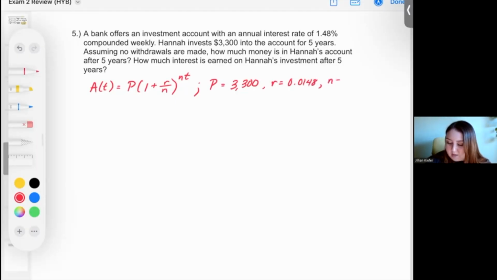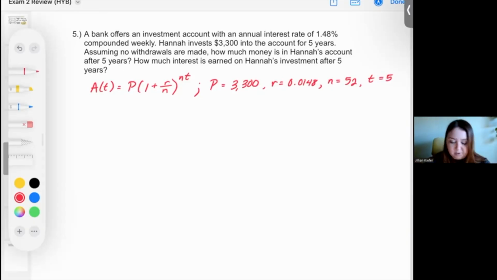Then we have n, the number of times compounded per year. For us, we said it was weekly. We want to remember there's 52 weeks in a year. So this would be 52 for weekly. And lastly, T, we have the account is for 5 years. So T would be equal to 5.